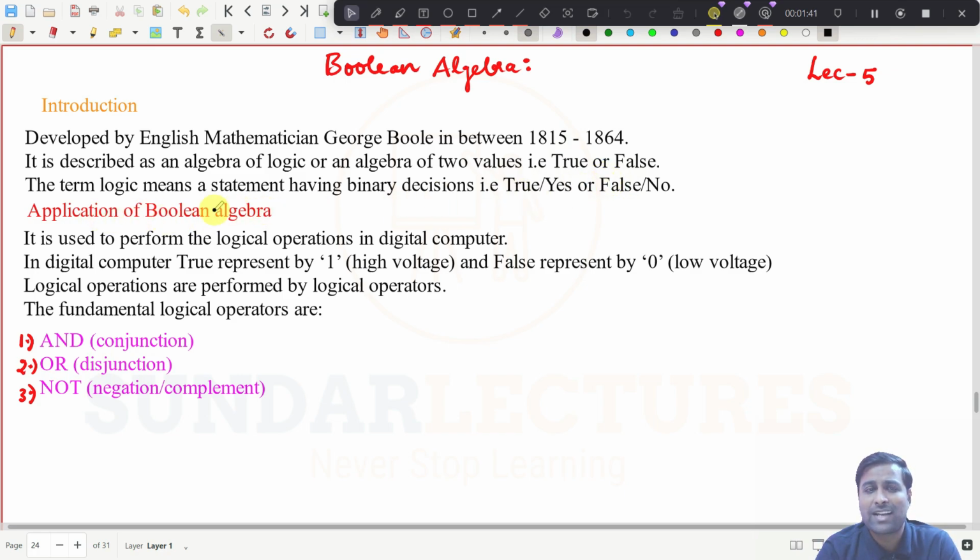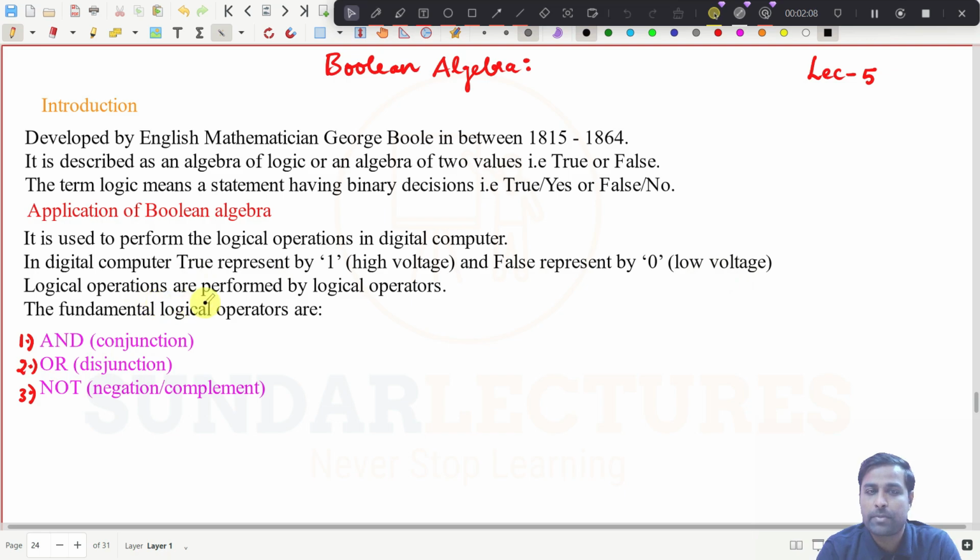So what are Boolean algebra's applications? It is used to perform logical operations in digital computers. In computers, it is going to perform in digital circuits. We are going to design the digital circuits in the upcoming classes, so I will explain that a bit later. In digital computers, true represents 1, that is high voltage, and false represents 0, that is low voltage.